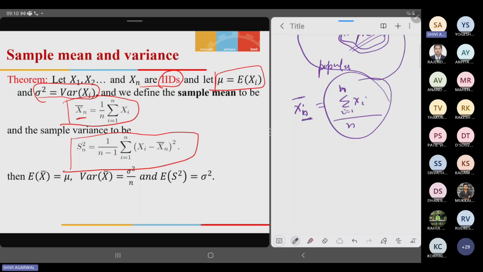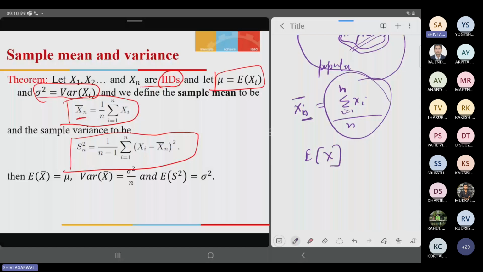Earlier, as I told you, we have done the mean, but in probability theory we are saying this is the population mean. You have calculated this by the moment generating function or by definition. That is known as the first moment, and that is basically the population mean.